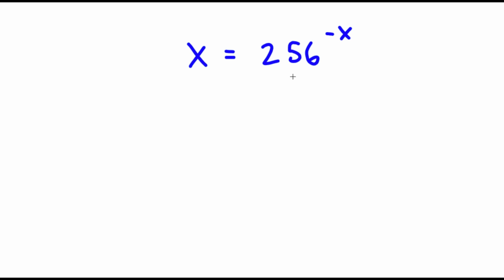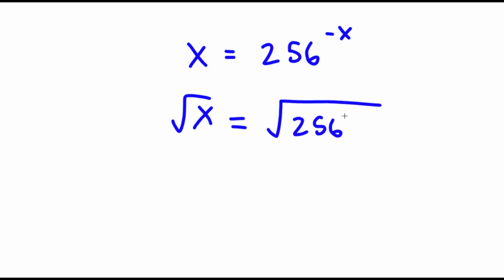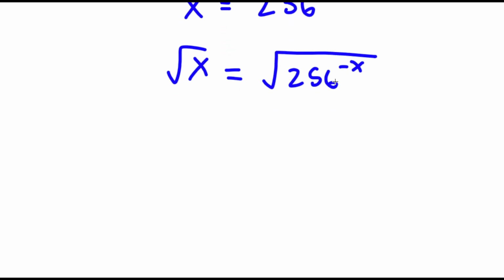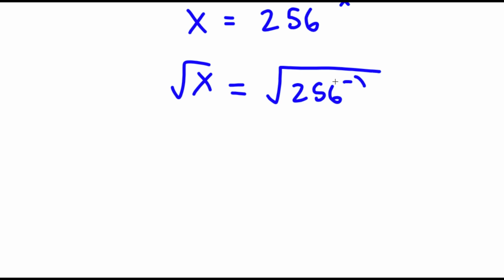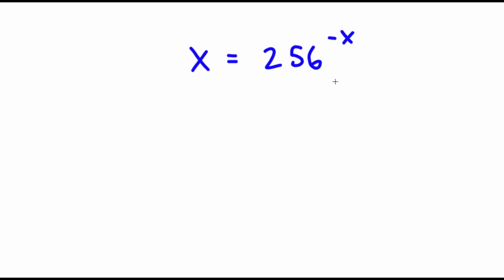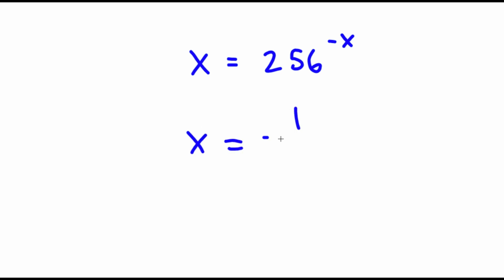So now I have the square root of x is equal to the square root of 256 to the power of negative x. So before we do that, actually, I'm going to rewrite 256^(-x) as 1 over 256^x.